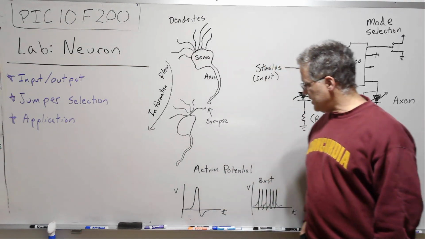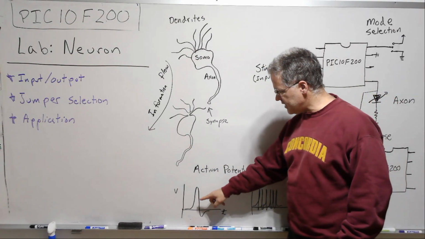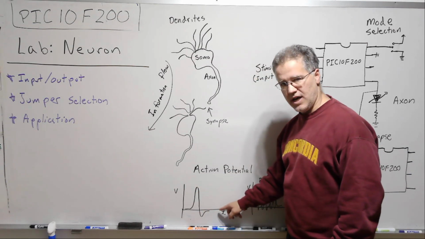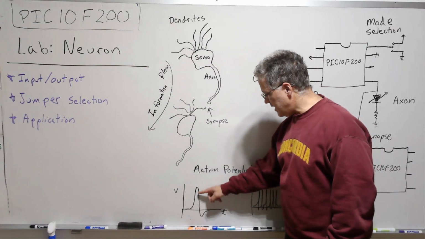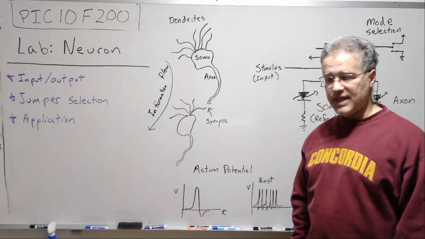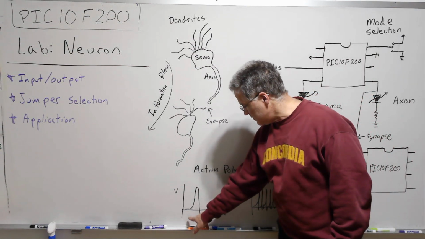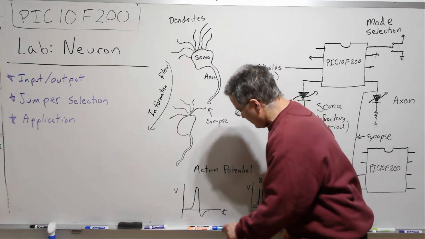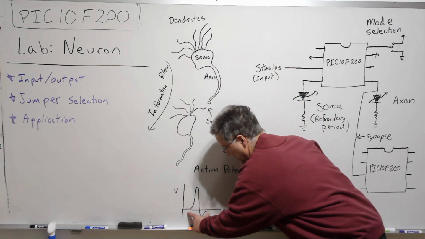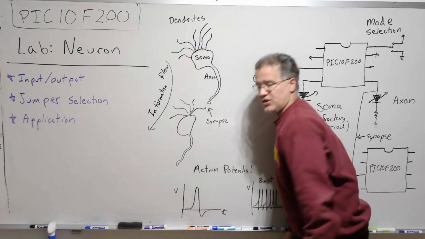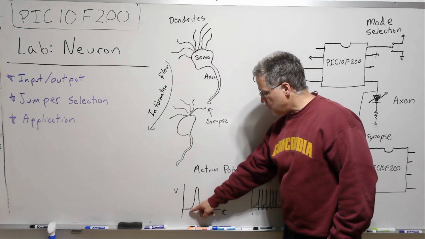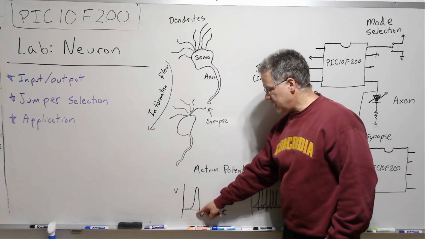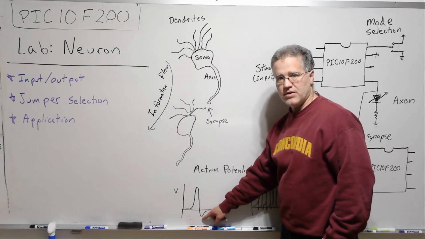The action potential itself, again, is an electrical impulse, so a voltage with time, and it has a structure that looks similar to this. The cell is capable of firing only one action potential during the period at which this action potential is going, and this is called the refractory period. There's what's called the absolute refractory period here, and then a relative refractory period here.